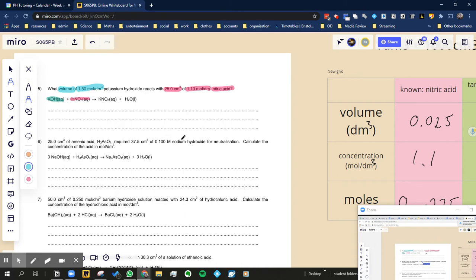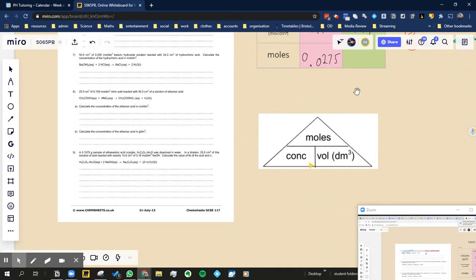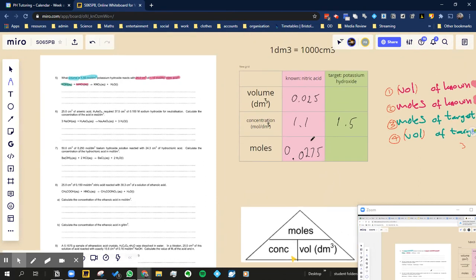Now, what you can do is you can put these into a table here. What we've so far worked out is that the moles of the nitric acid is 0.0275. So we can work out one column of this table using this triangle down here. To go from one column to the next color, we have to use the balanced equation.